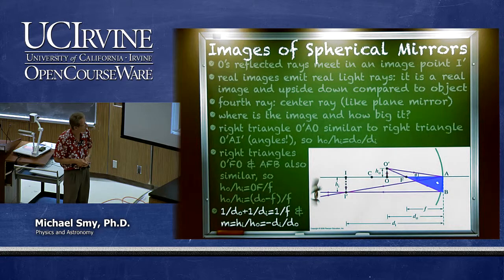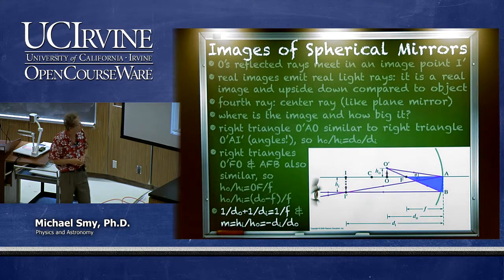So this side is the image height. The reason why it is the image height is because this is a focal ray and it gets reflected parallel. So if this is the image height, then this has to be also the image height. The equivalent side for the other triangle, for this one, is the object height.